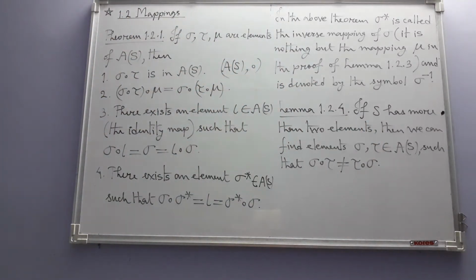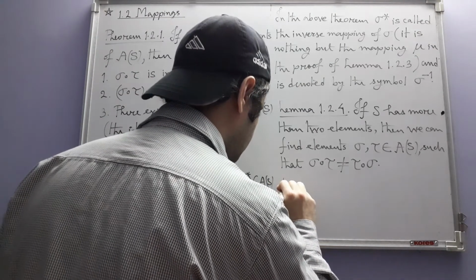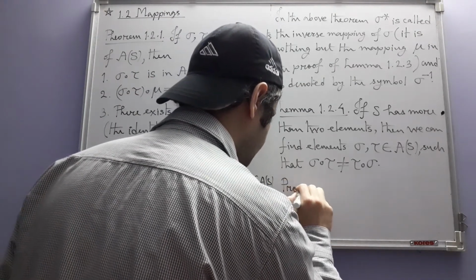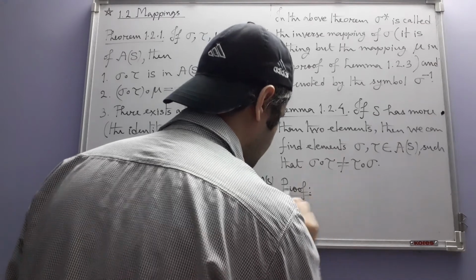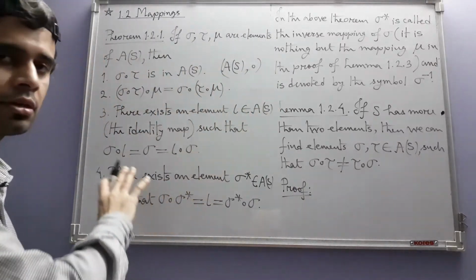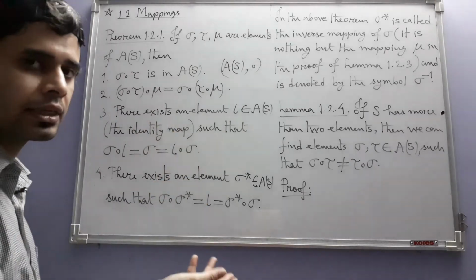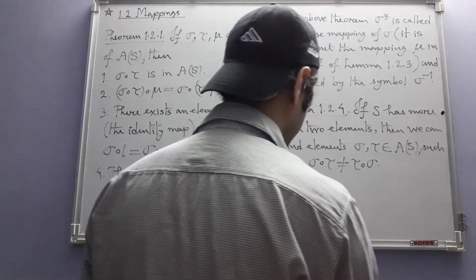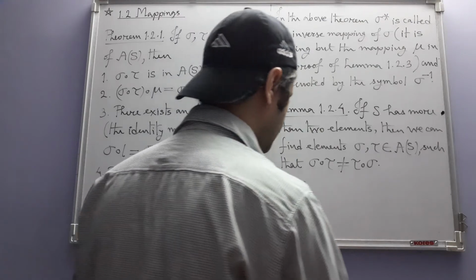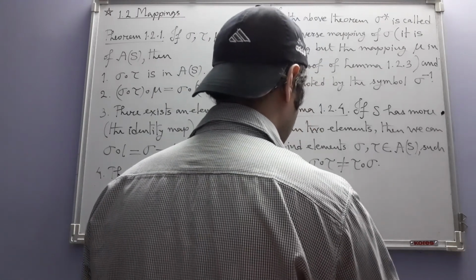And the proof is not very difficult. In fact, part of the proof we have already done in the examples that we have seen, those examples 11, 12 and 13. There itself the parts of the proof are there. Okay.